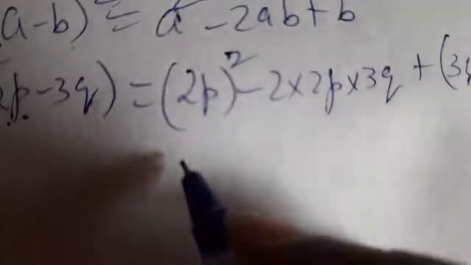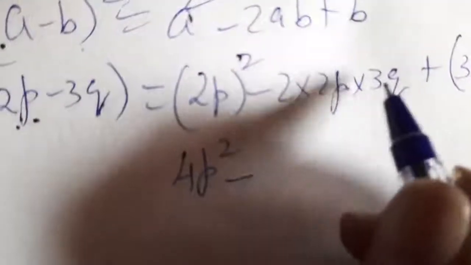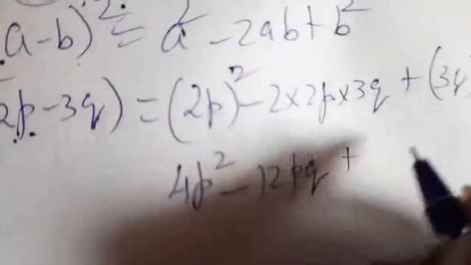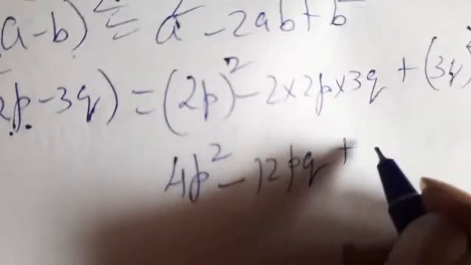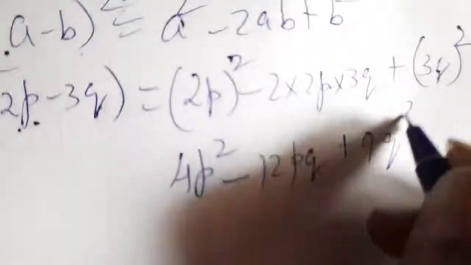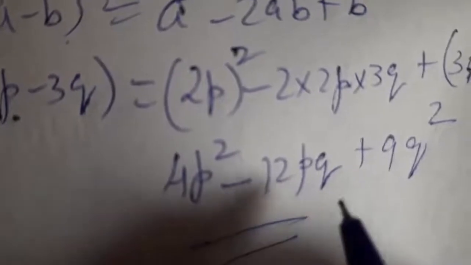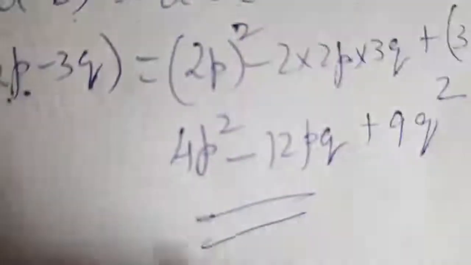So (2p) square will be how much? 4p square minus, 2 2s are 4, 4 3s are 12, 12pq plus, 3 3s are 9, 9q square. So this is our answer children. Is it very clear? 4p square minus 12pq plus 9q square.